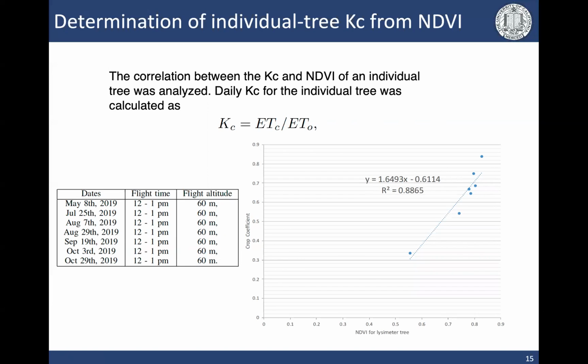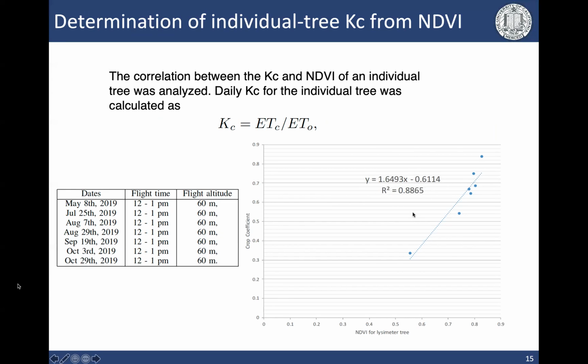The figure shows the relationship between the daily crop coefficient and the derived mean NDVI for the tree in the lysimeter with 100% irrigation treatment. The sampling date started on May 8th and ended on October 29th. The linear relationship has an intercept of around 0.61 and a slope of 1.6.